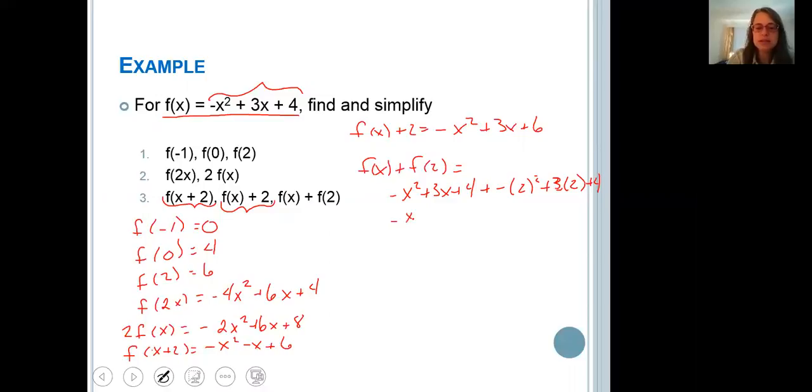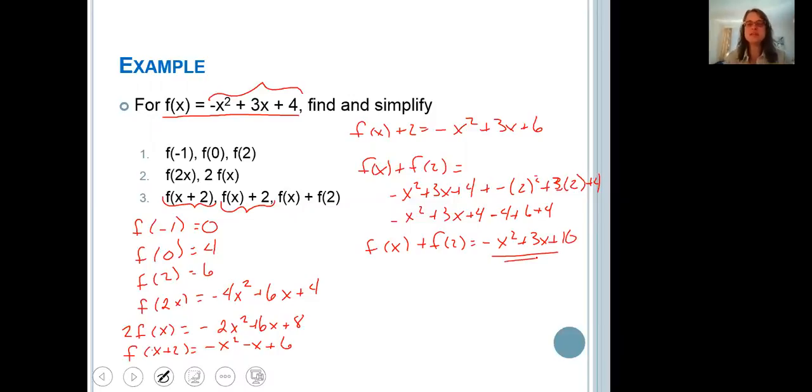So I've got negative x squared plus 3x plus 4. So 2 squared is 4, with the negative sign means minus 4, plus 6 plus 4. So we end up with f of x plus f of 2 equals negative x squared plus 3x plus 10.